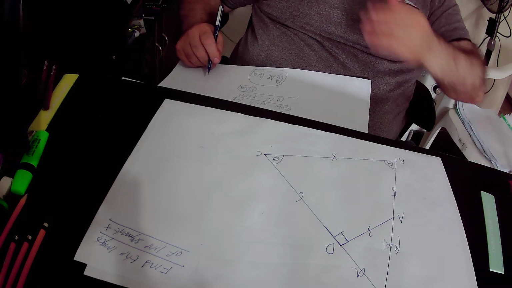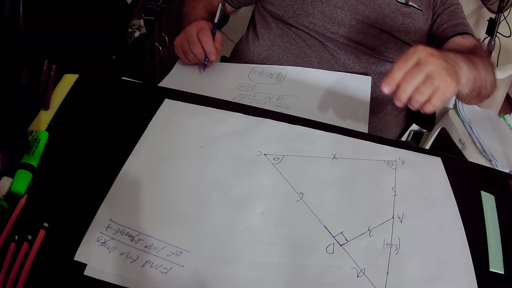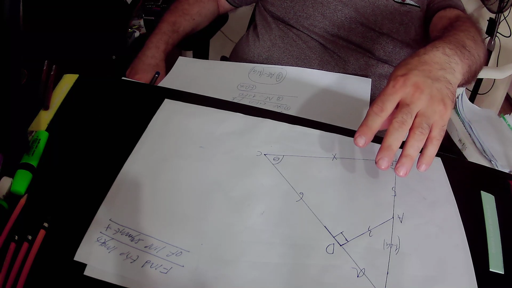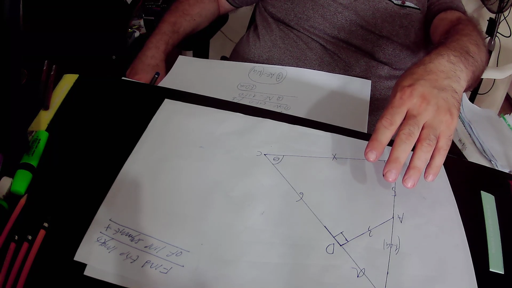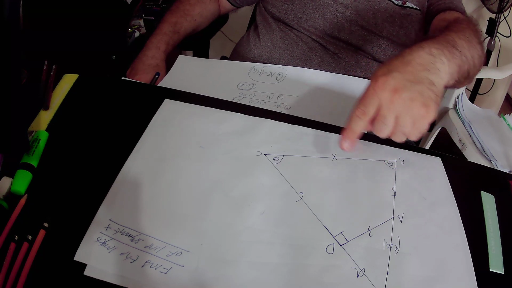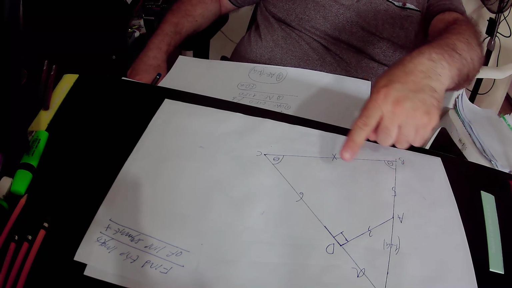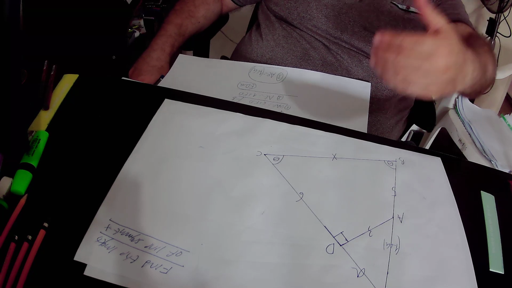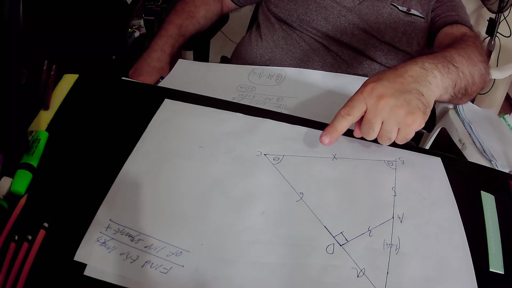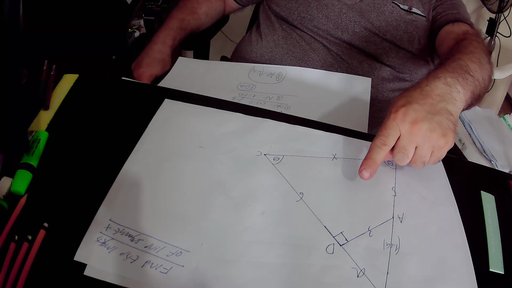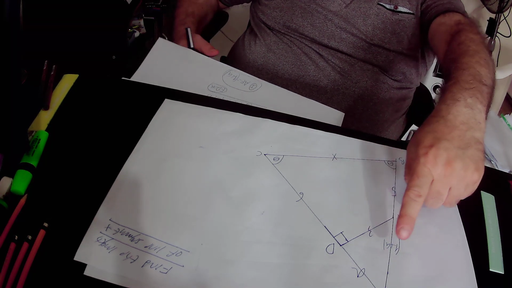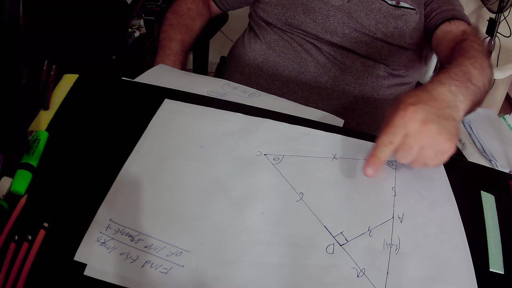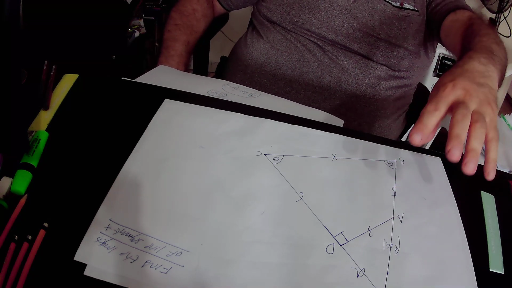So here we have quadrilateral ABCD. In quadrilateral ABCD, line segment DC is one side of the quadrilateral. So line segment CD as a side of a quadrilateral must be a straight line. So CD is a straight line, and when we extended the straight line CD by a straight line, we got line segment CE. And when you extend a straight line by a straight line, the result must be a straight line also.